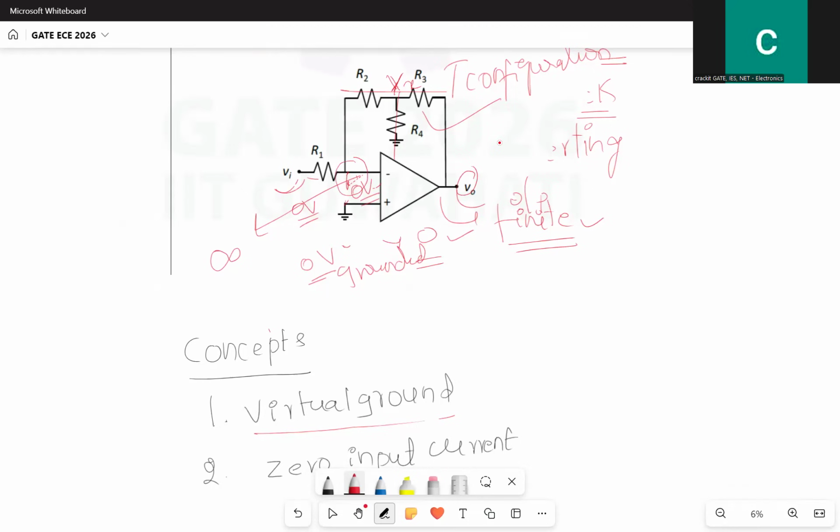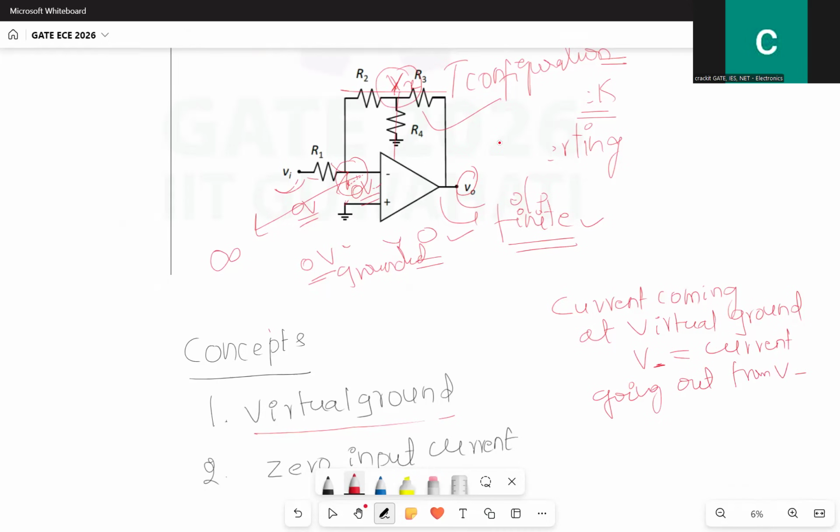First, we will apply KCL, nodal analysis here. The current coming at virtual ground V minus, why V minus, because it is an inverting amplifier, is equal to the current going out from V minus as per KCL.